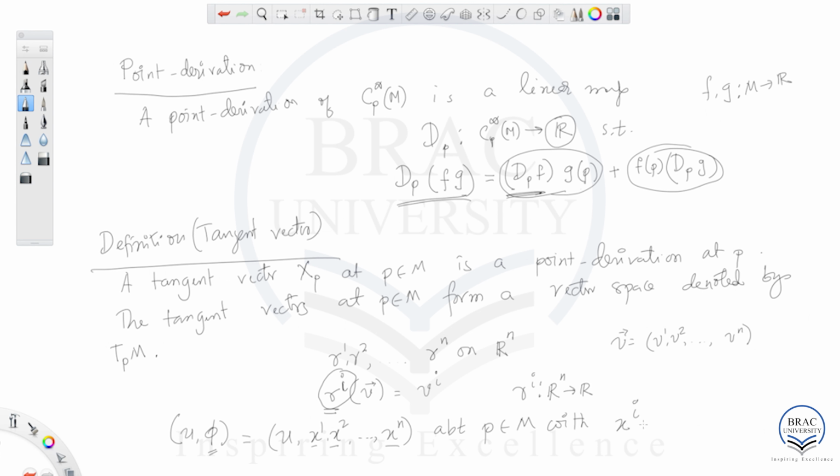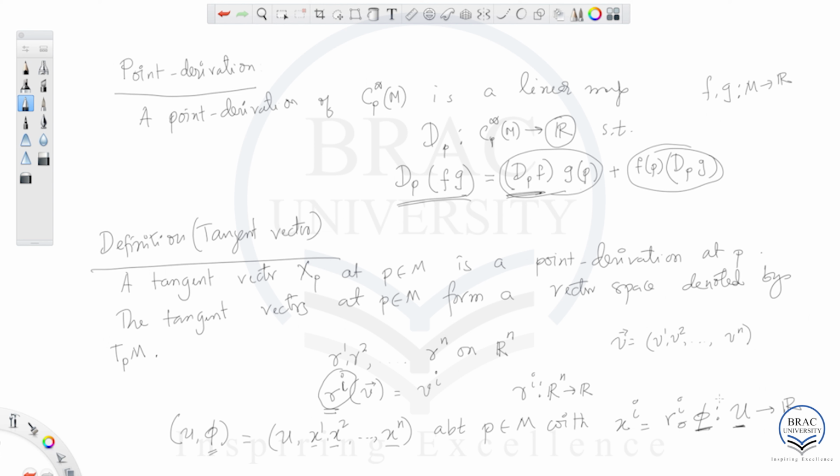Remember that x^i was defined to be equal to r^i composed with φ, a map from U to R. It acts on an element of this open set first, and under this action it is taken to a vector in the Euclidean space R^n.